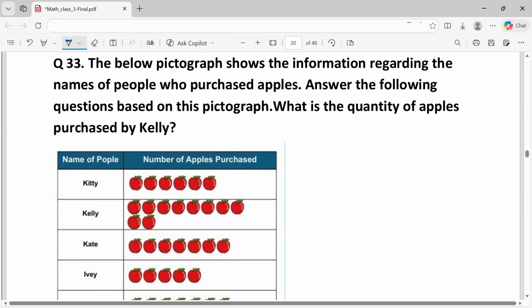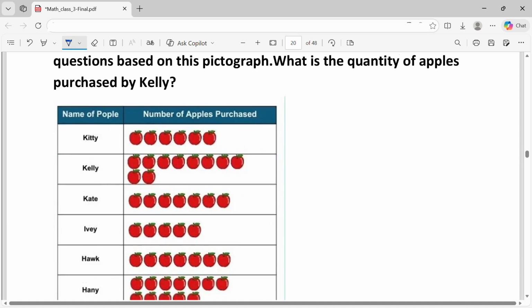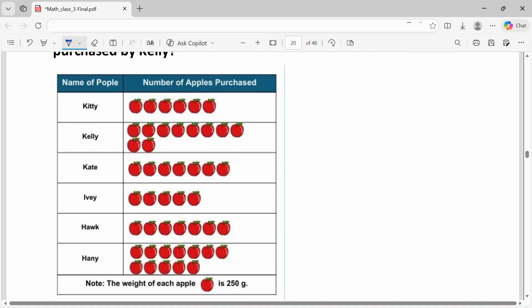Question 33. The below pictograph shows the information regarding the name of people who purchased apples. Answer the following questions based on the pictograph. What is the quantity of apples purchased by Kelly? So from the pictograph, we can see that each apple icon weighs 250 grams.